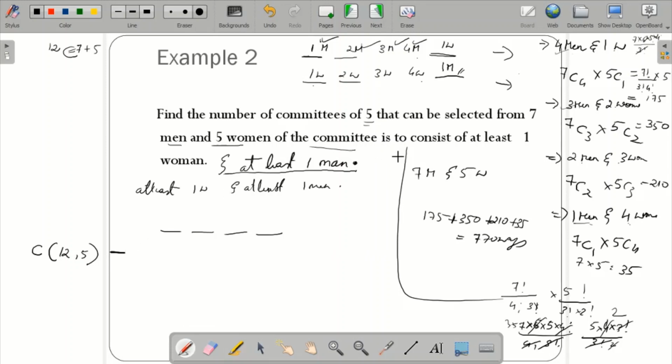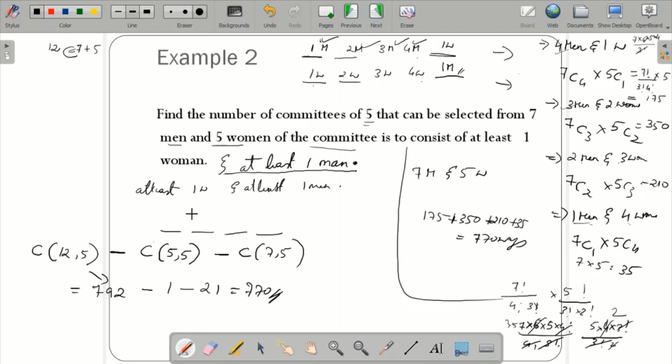At least 1 woman is required, so we subtract the combination of all 5 women, and at least one man is required, so we subtract the combination of 7C5. If you solve this, you'll get 792 for the total, minus 5C5, which is always 1, and 7C5, which is 21, so again you'll get 770.